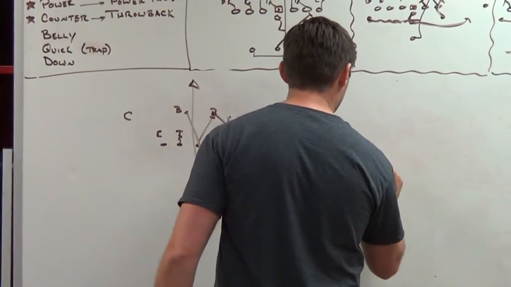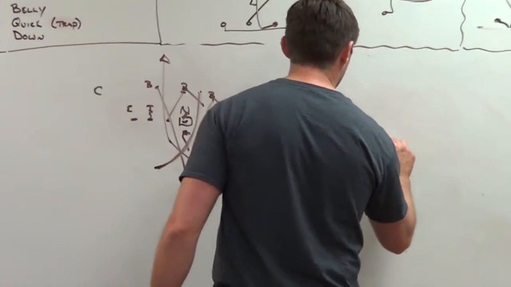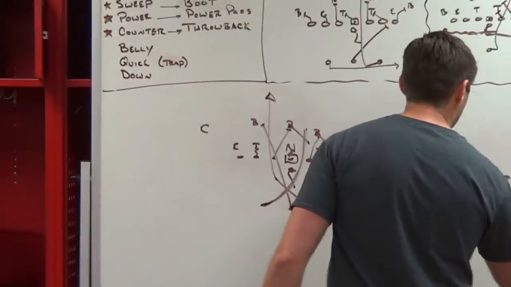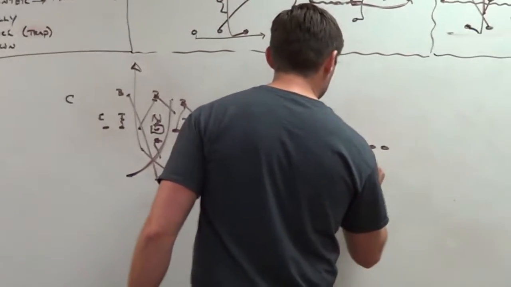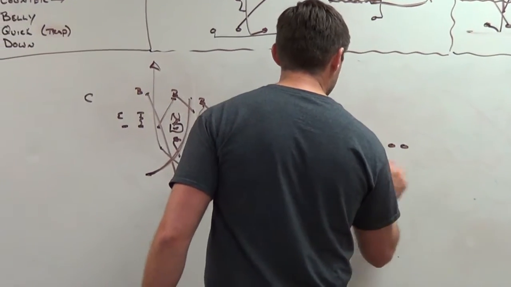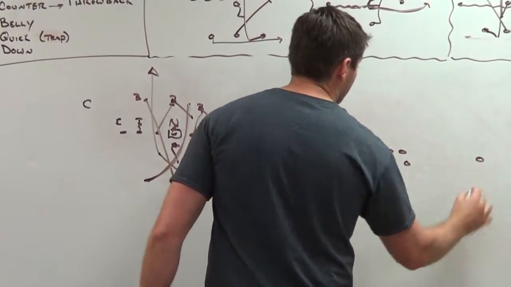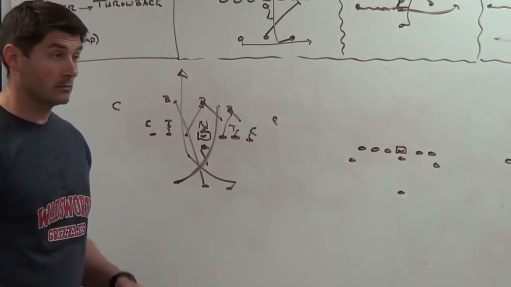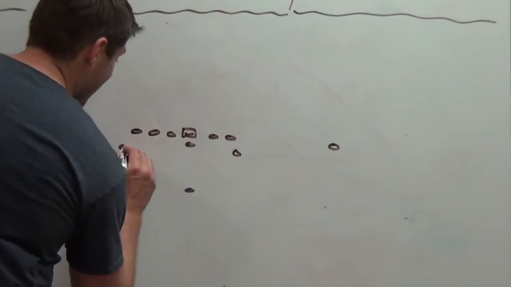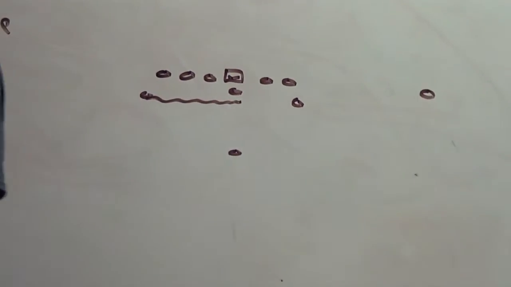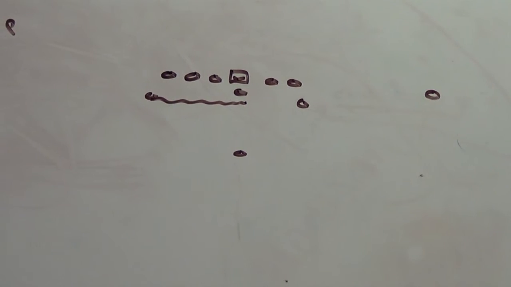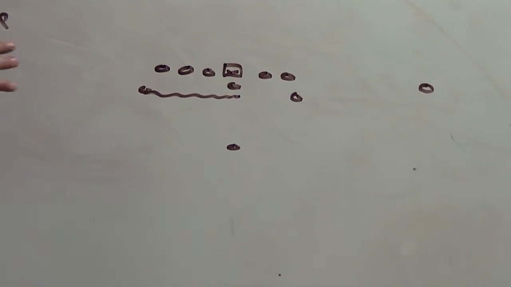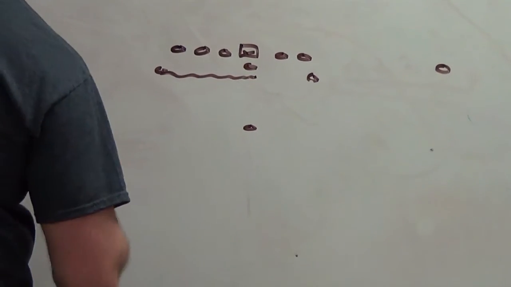As you progress, I don't know if we can do it, but the way it's drawn up in the playbook, if you get into a double wing set, this is a lot of fun to run. It would be a jet, all right, and then it would be 25 counter left, or 23, I'm sorry, 23 counter left.